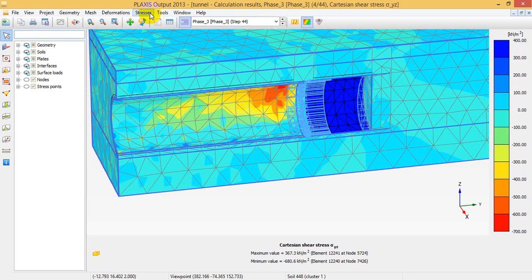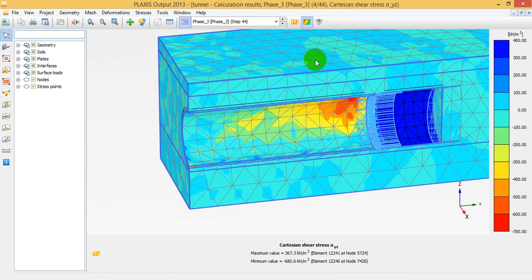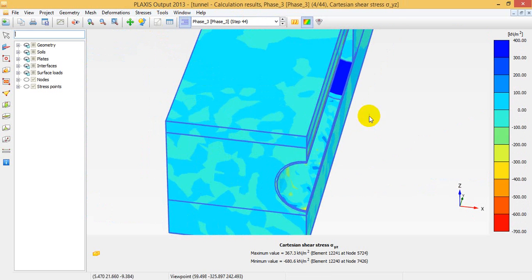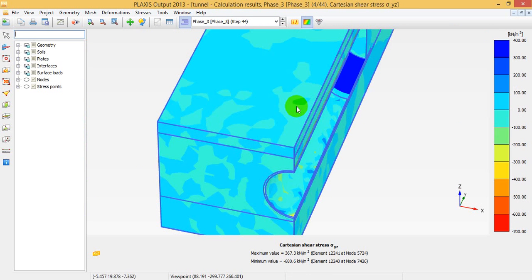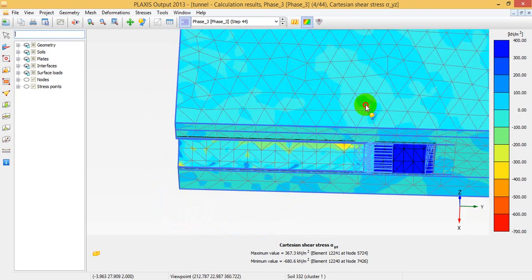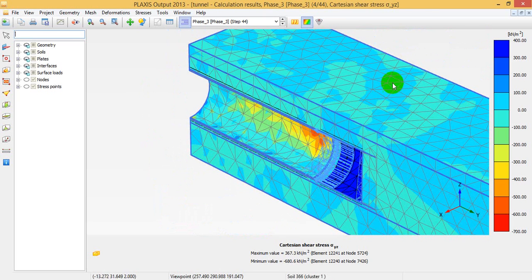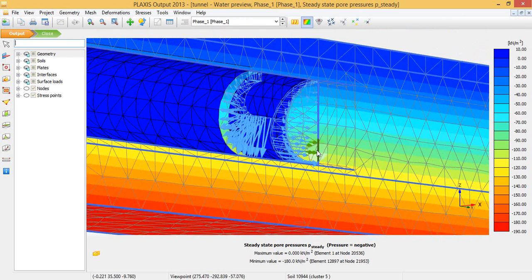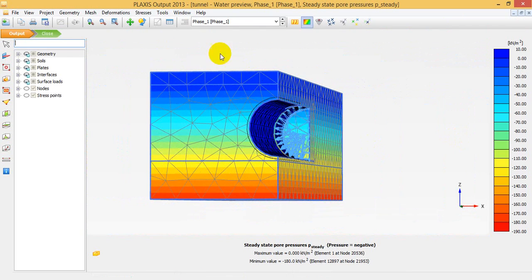Okay, during the construction. And you can also put a footing here and see the effect of tunnel progress on the footing beside it. So this is the way to simulate your case.